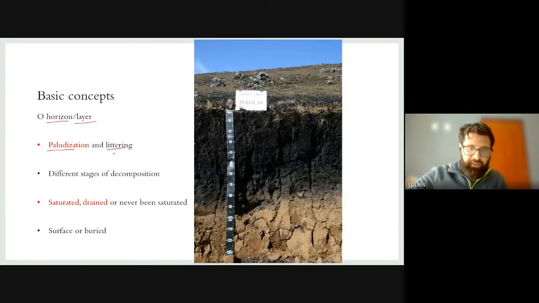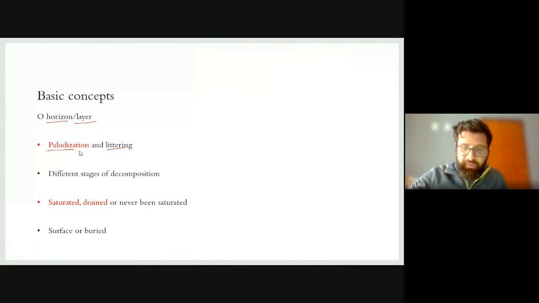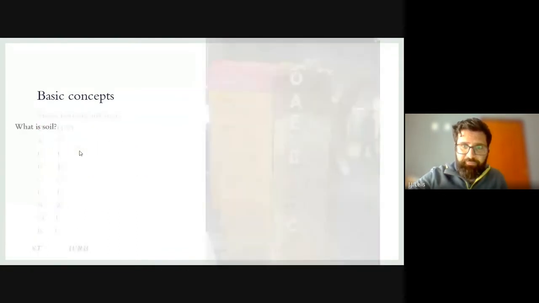It is an organic piece of soil, and when this organic piece of soil is produced by soil formation factors, by the interaction between the soil formation factors, we have a horizon. If it's just the accumulation of leaves, like here.